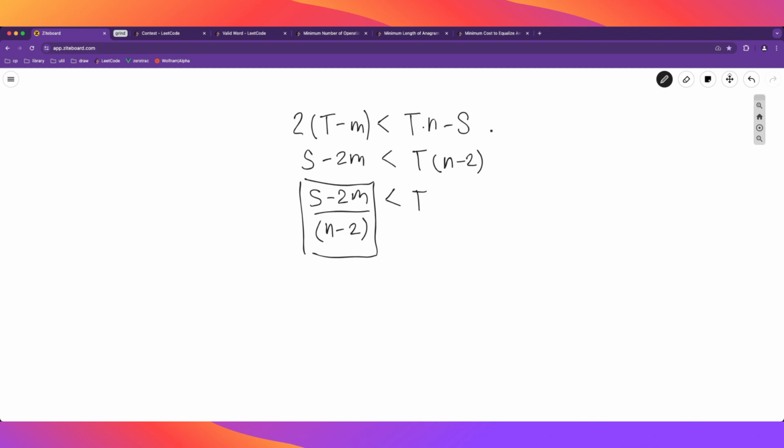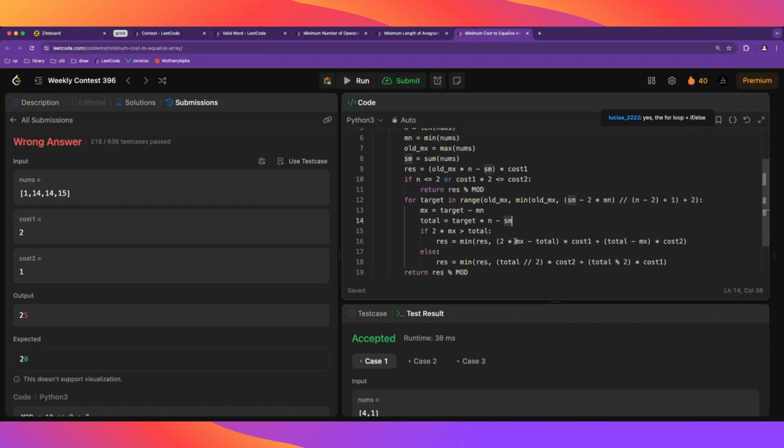Given the target value, how we could get the minimum cost. And the idea was that we had two cases. The for loop plus the if. Yeah, this part here.